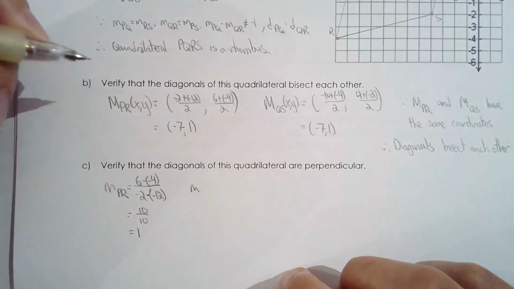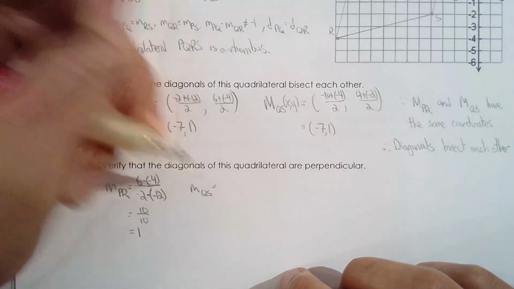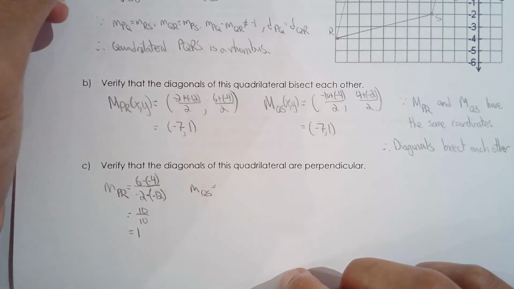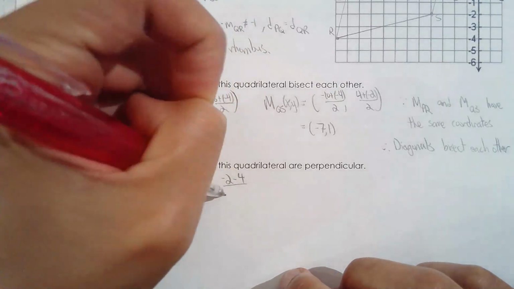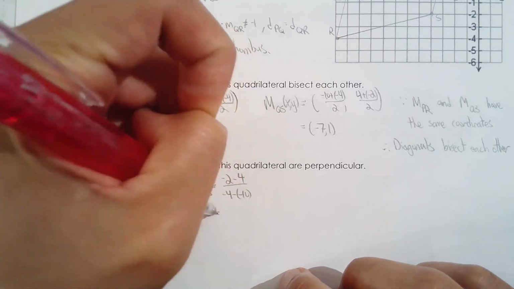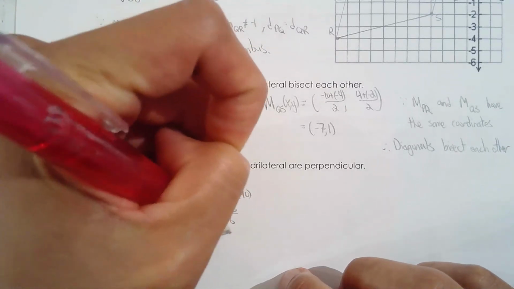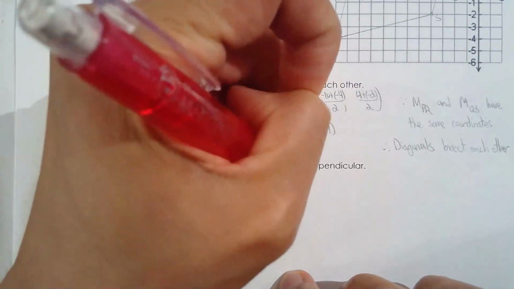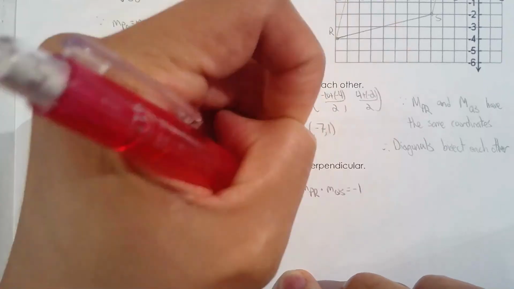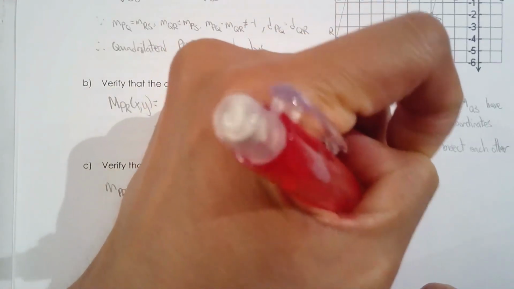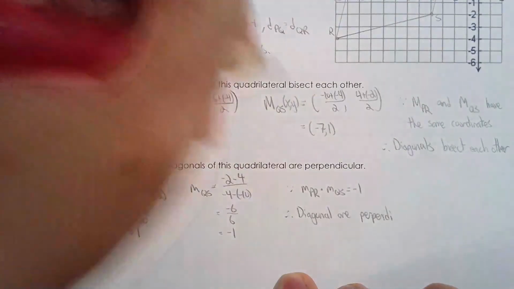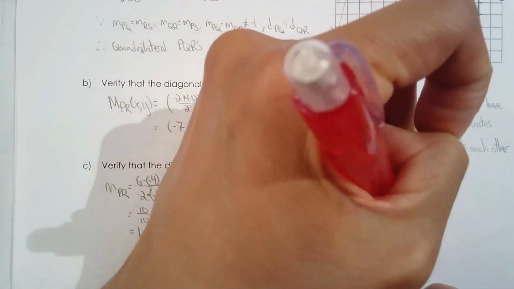What's the slope of QS? It's negative 2 minus 4 over negative 4 minus negative 10, so that's negative 6 over 6, which is negative 1. Yes! Since the slope of PR times the slope of QS is negative 1, therefore the diagonals of quadrilateral PQRS are perpendicular.